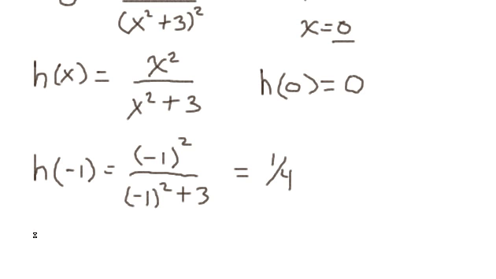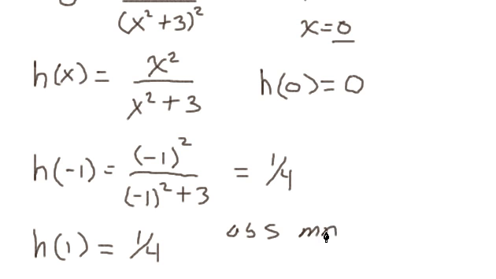And if I plug 1 into this, saving some time here, we get the same thing, 1/4. Okay, so our absolute max is occurring at (-1, 1/4) and (1, 1/4), and the minimum is going to be at (0, 0).